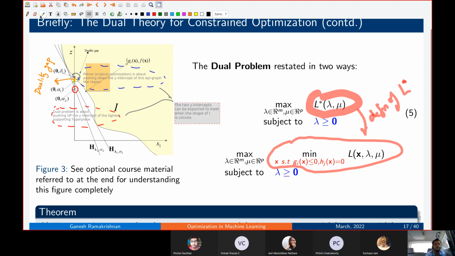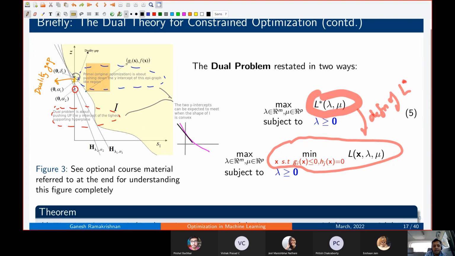I can just show that example. So imagine you have this as I. Imagine that your I was like this, and it had a y-intercept, and then you have this tightest supporting hyperplane below.